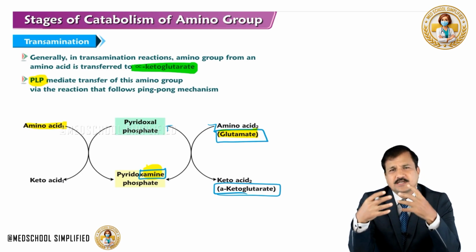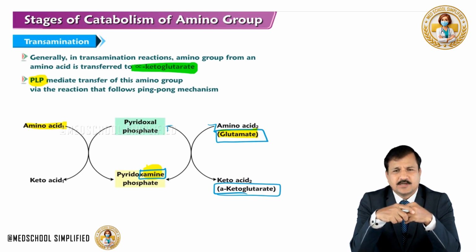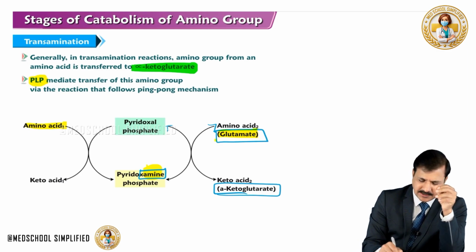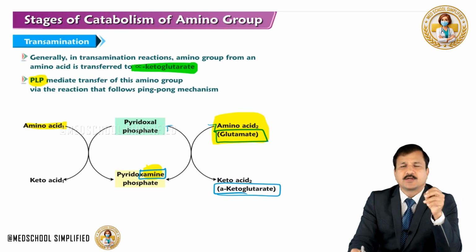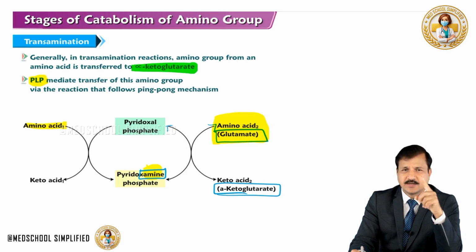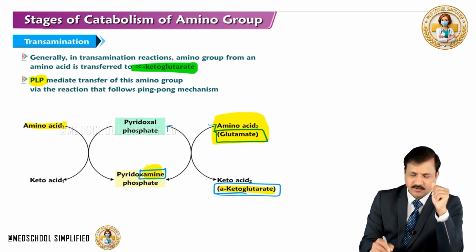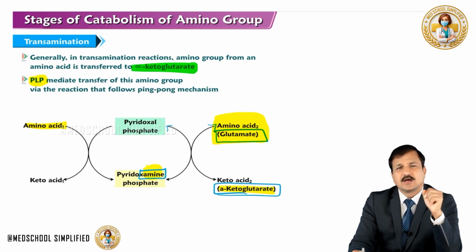That single amino acid in the transamination reaction, which carries amino groups from most of the other amino acids from the peripheral tissues, is glutamate. Remember that. The reason for that is alpha ketoglutarate always accepts an amino group from other amino acids.